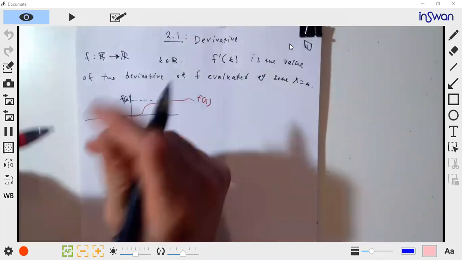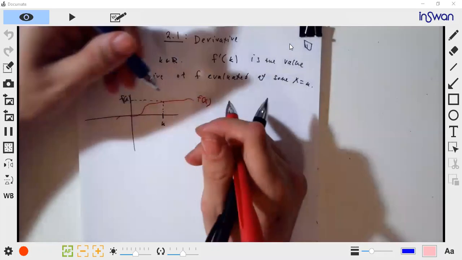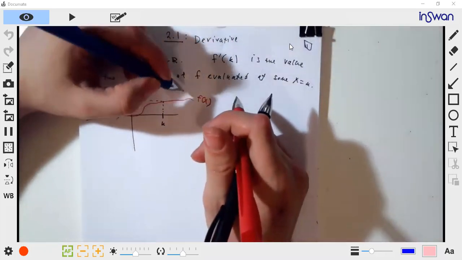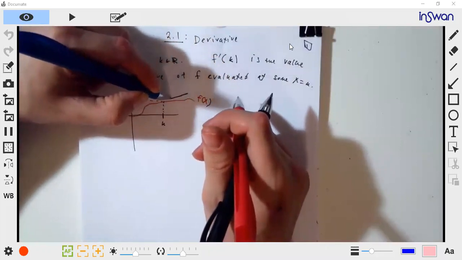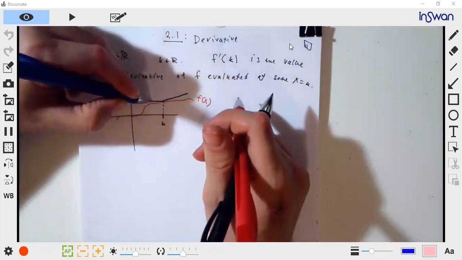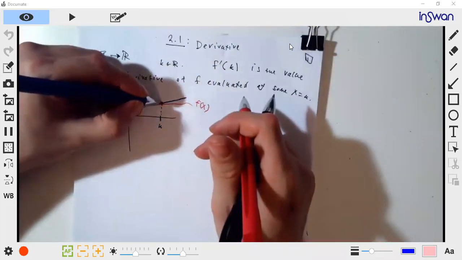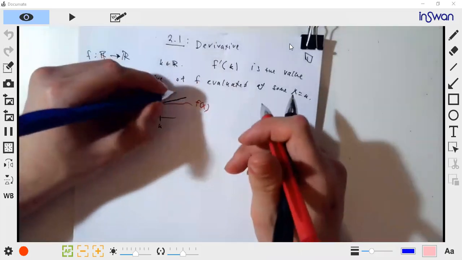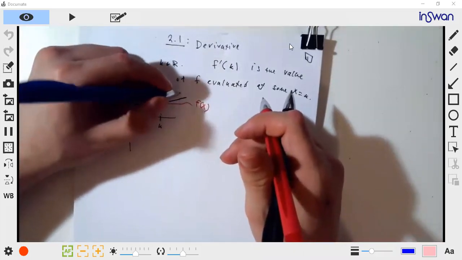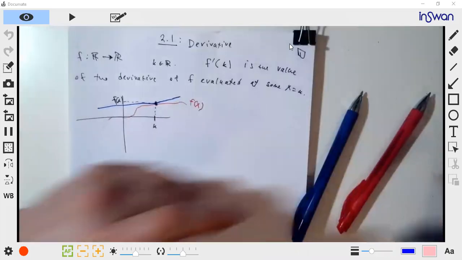Then f prime of k is literally the value of the slope of the tangent line at that point k. So right here, whatever this slope is for this tangent line in the blue, that is what f prime of k is equal to.